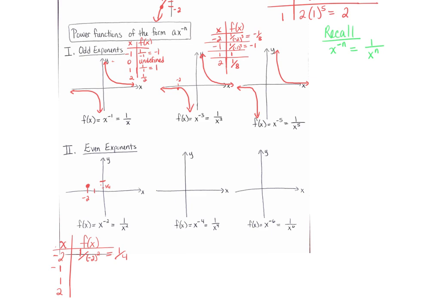Okay? When x is -1, what do you get? 1. Good. You get 1 because you have 1 over -1 squared. That's 1 over 1, which is 1. So you have -1, 1.